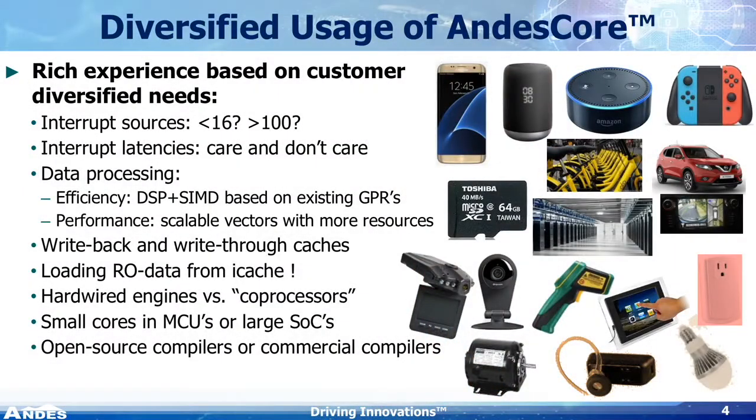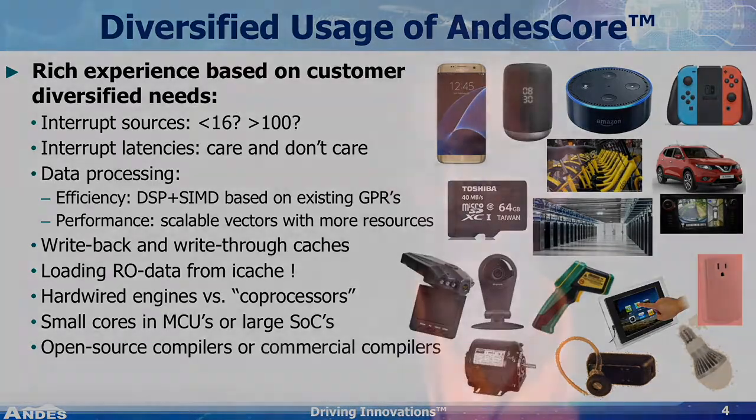Regarding media processing or data processing, some require very efficient processing like DSP and SIMD based on existing resources, the general purpose registers. The other type is to get as much performance as possible, which probably needs to be based on scalar vector with additional resources: vector registers, a separate pipeline, and so on.